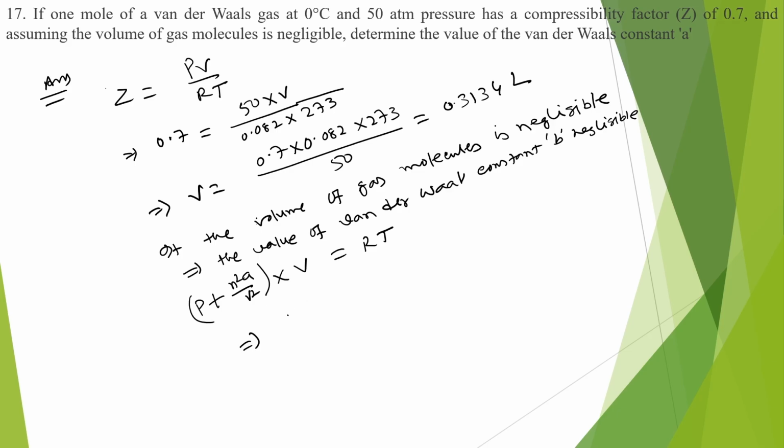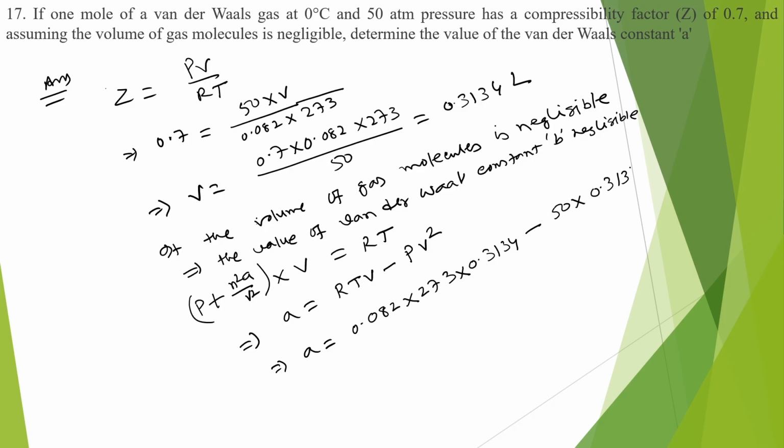Okay, so we get A is (RT V minus P V²). So, the value of A is 0.082 times RT, 273, V is 0.3134, minus P is 50 times 0.3134 square.